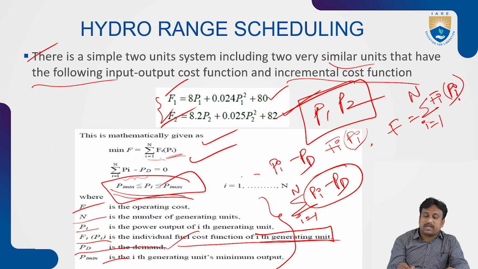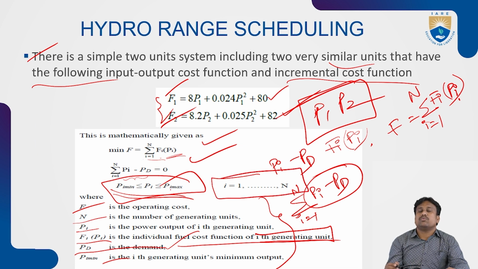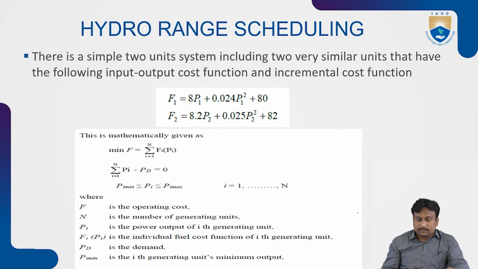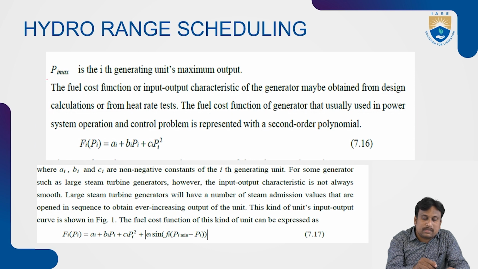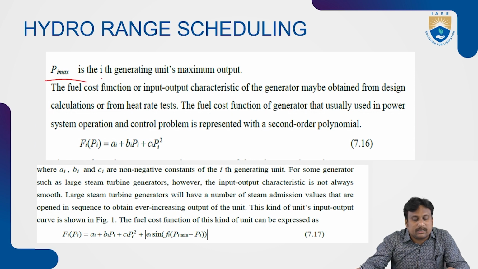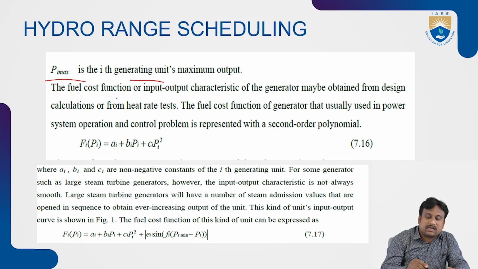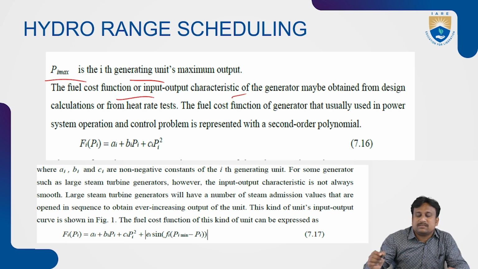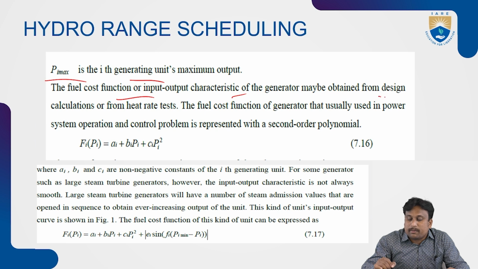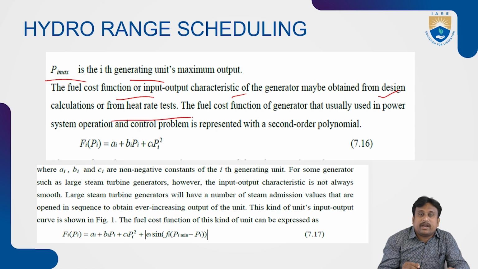So the variables exist for i equals 1, 2, 3, and so on up to n. Coming to the maximum power case, Pi maximum is the ith generating unit's maximum output. The fuel cost function or input-output characteristics of the generator may be obtained from design calculations or from heat rate tests.